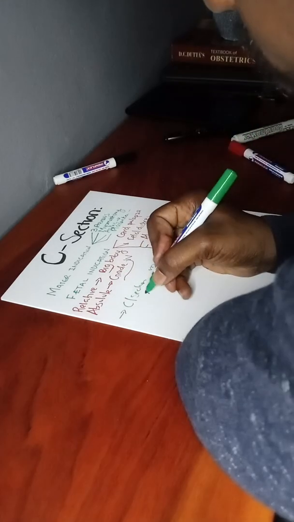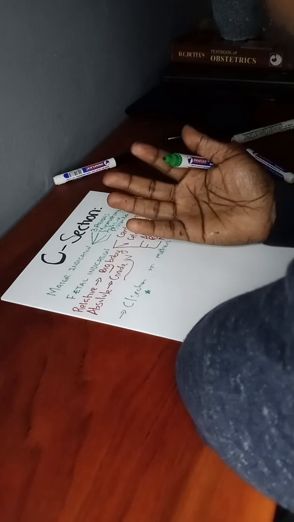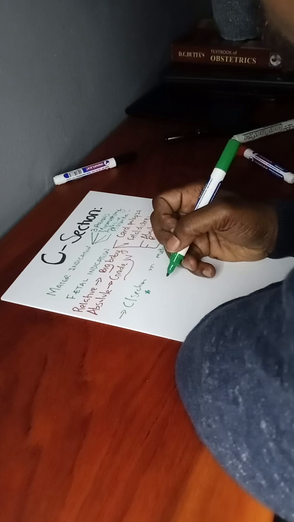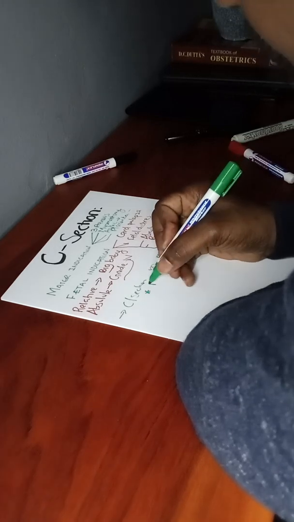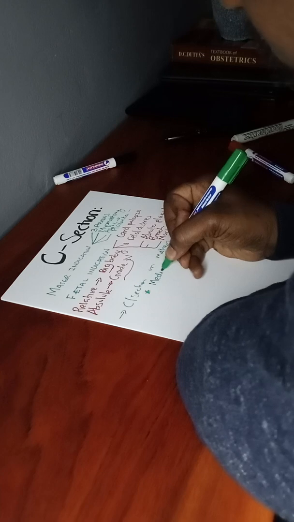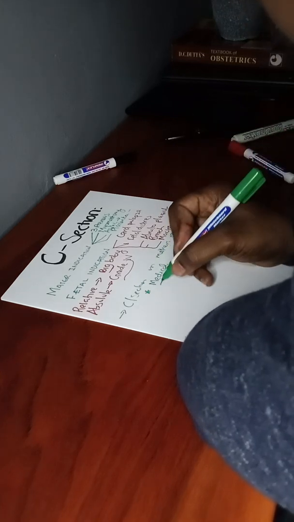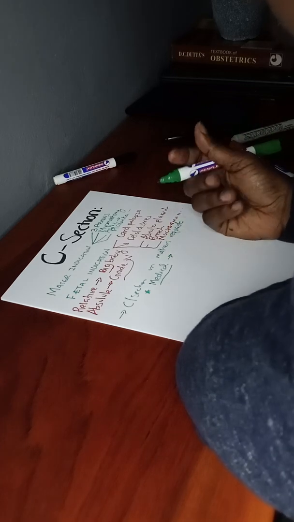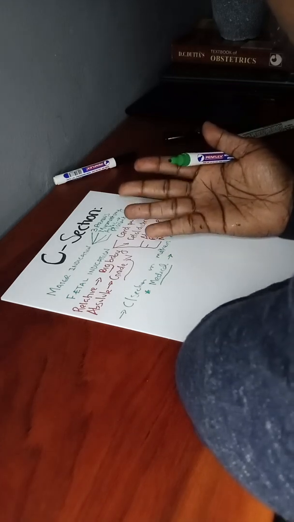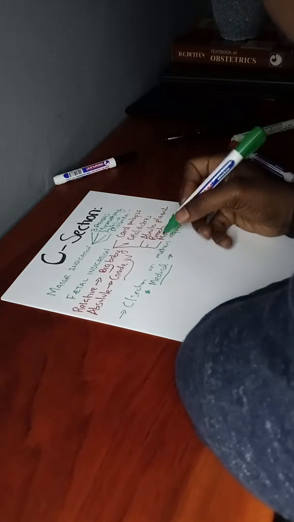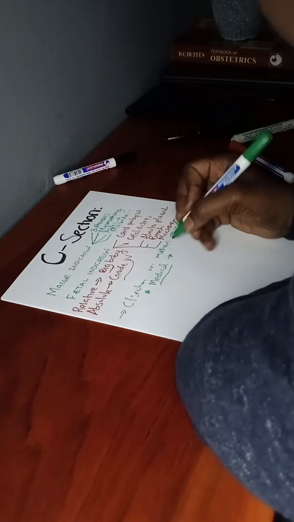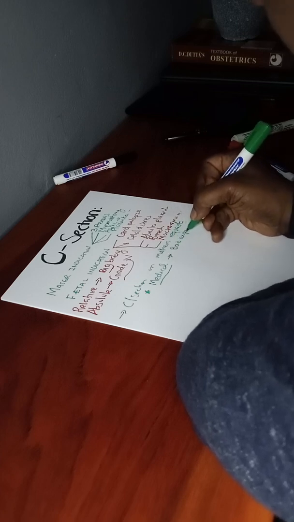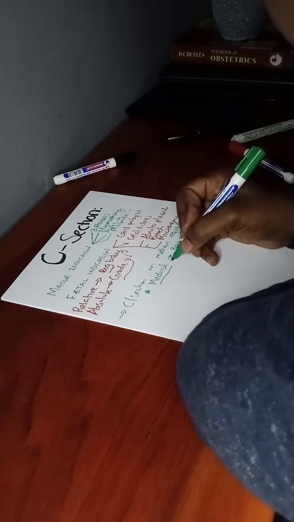What C-section on mother's request means is that a mother comes to the hospital and there's really no medical indication for a cesarean section to be done for that particular pregnancy, but she feels that she wants to have a cesarean section for different reasons. Some mothers say that they want a cesarean section because they had a bad experience in the previous pregnancy.